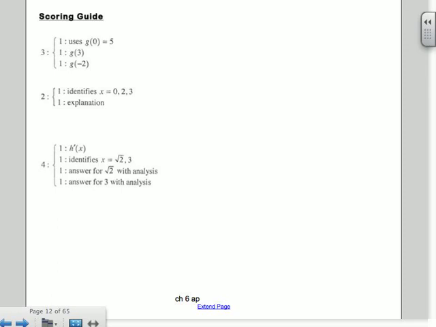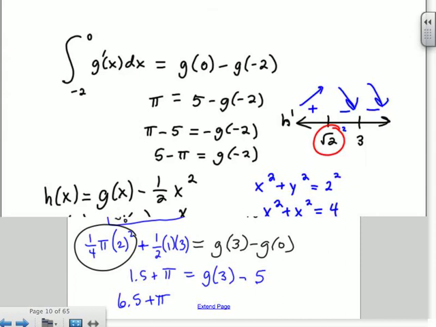All right. So if you look at the scoring guide, you can see the different ways you get points. So for part A, using the fact that g of 0 equals 5 for both parts, finding g of 3, finding g of -2.